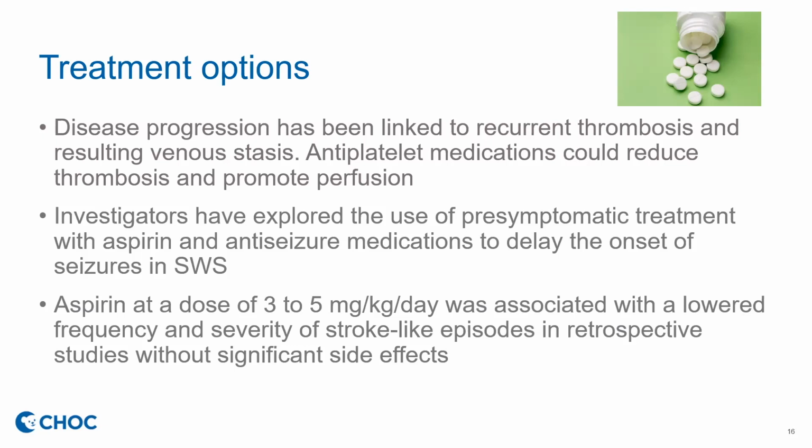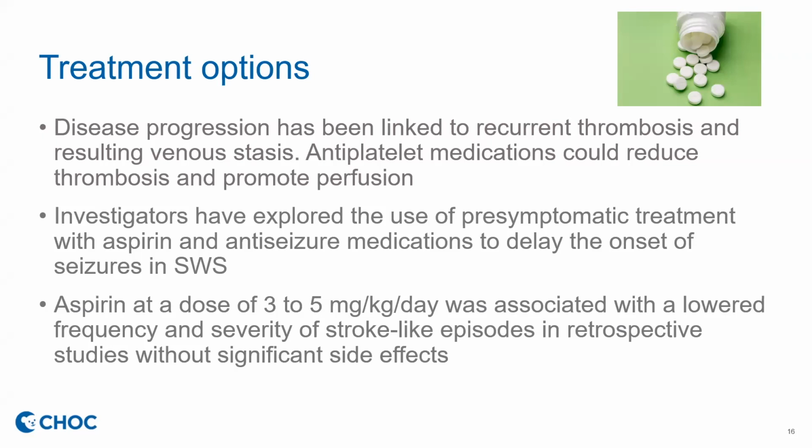Some of the experts in the Sturge-Weber world recommend treating all patients with aspirin and also anti-seizure medications to delay the onset of seizures, because we know that the later down the path of the patient's journey with Sturge-Weber that seizures start, the better the developmental outcome.